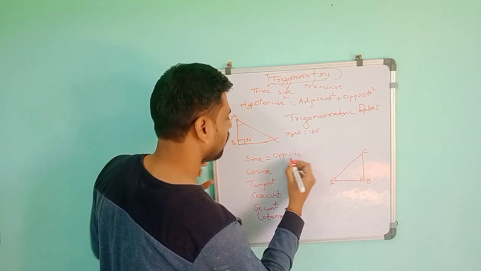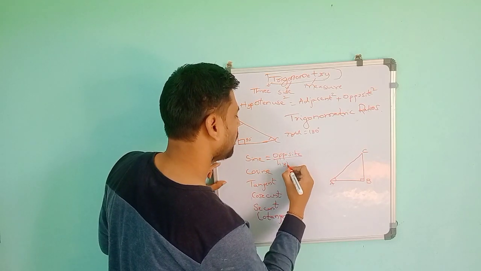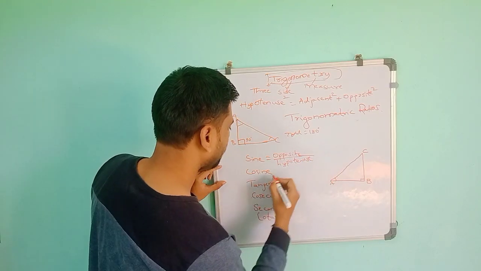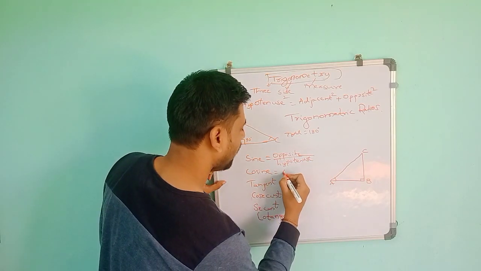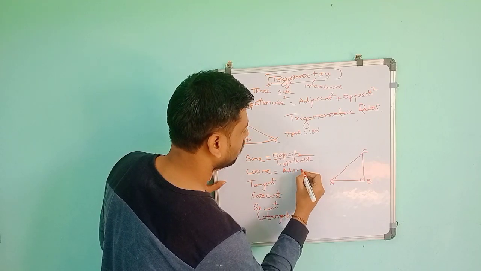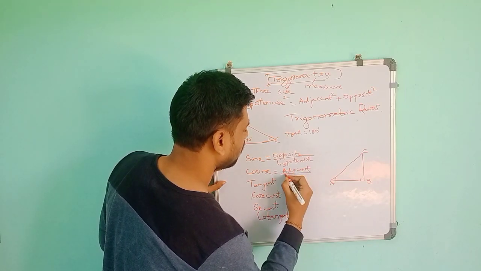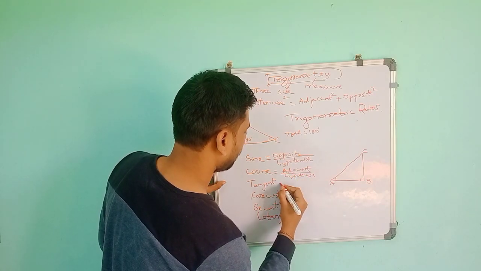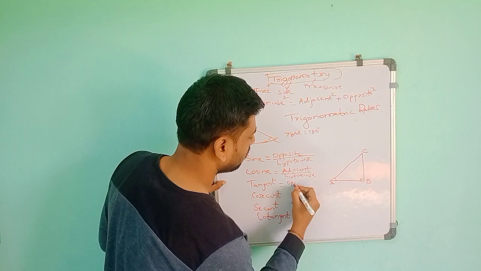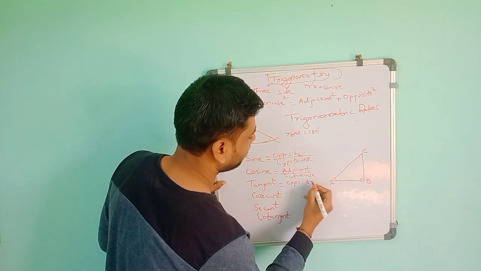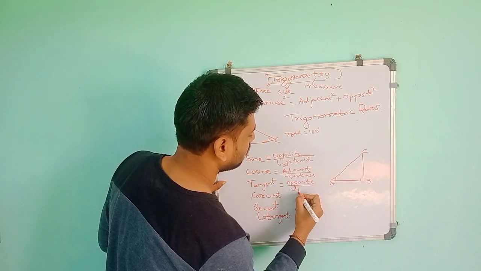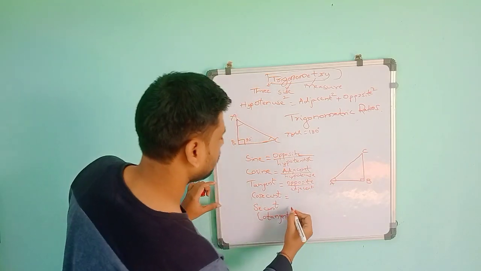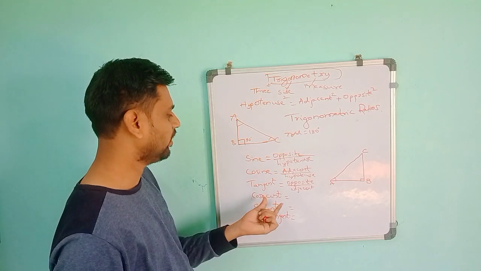The formula is opposite by hypotenuse. Similarly, for cosine, it is adjacent by hypotenuse. For tangent, it is opposite by adjacent. For the remaining three, cosecant is the reverse of sine.